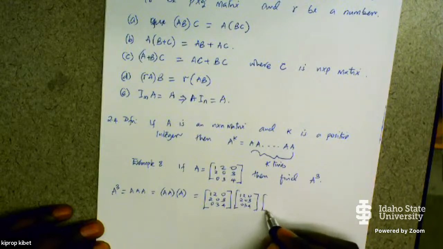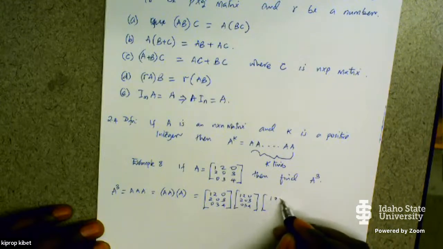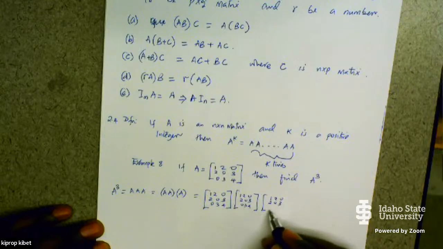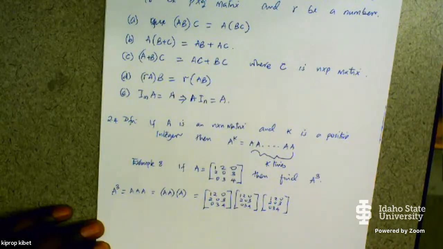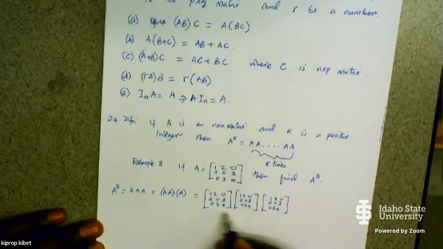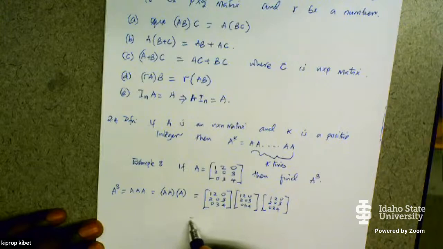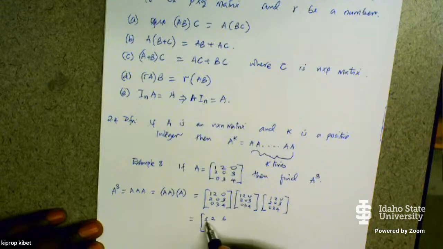And then also multiply by 1, 2, 0, 2, 0, 3, 0, 3, and 4. So you can multiply the two of them first here, and what you get is 5, 2, 6, 2, 13, 12, and 6, 12, 25.